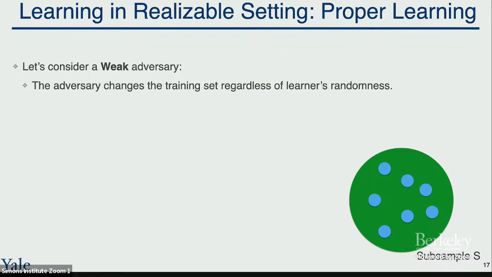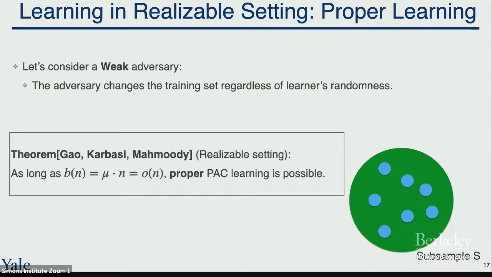You can use a randomized algorithm, and the adversary doesn't know what randomness you use. This is going to be very critical.